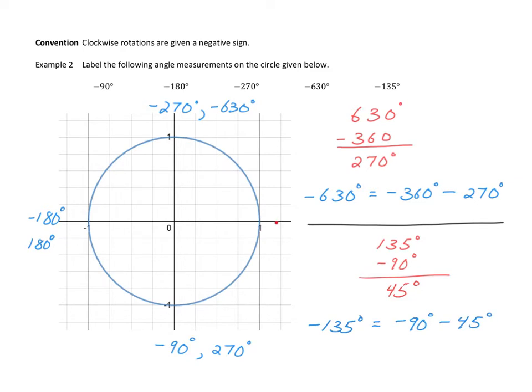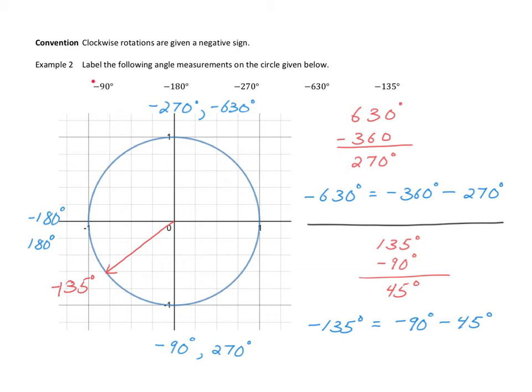So if I start here, this is 90, this is 45 more to roughly here, and I'm going to draw this in as my angle. Doesn't have to be perfect, but it's roughly here, 135 degrees.